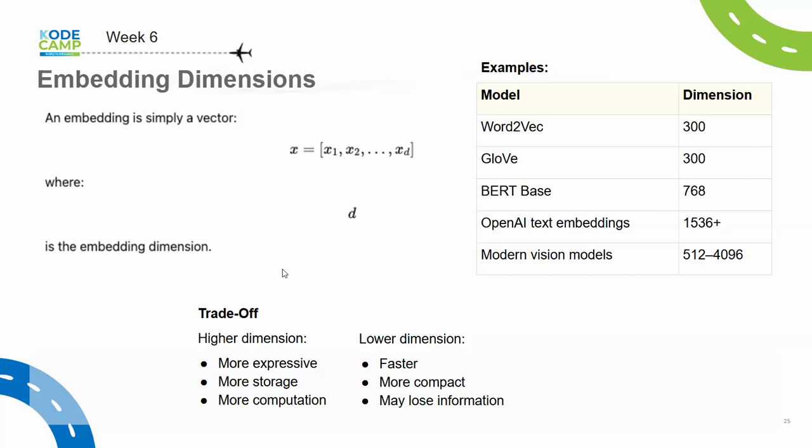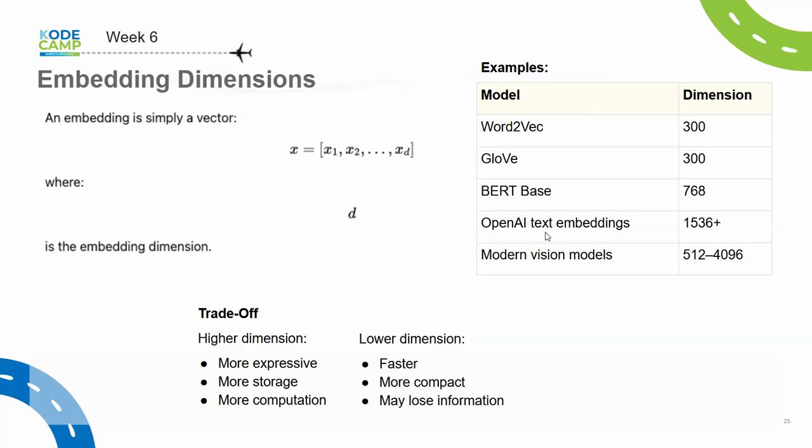There are many different models used today. Some of the ones you are seeing are older ones that were used in the old days. Word2Vec has a 300 vector dimension, or 300 embedding dimension. GloVe had 300 again. BERT, we'll talk about all of these when we start talking about neural networks and natural language processing, has 768.